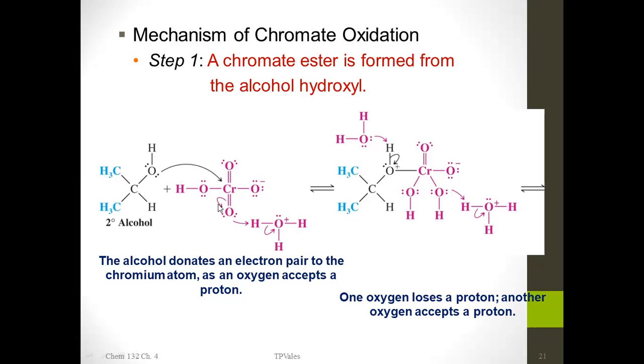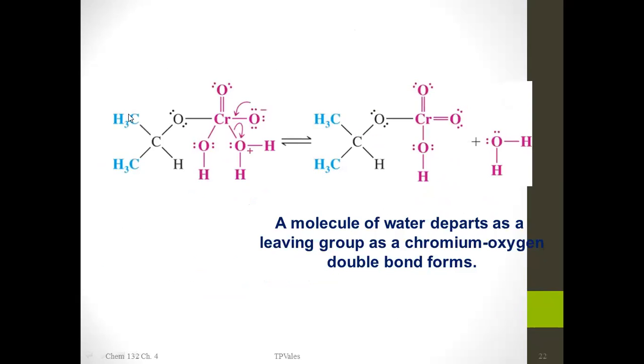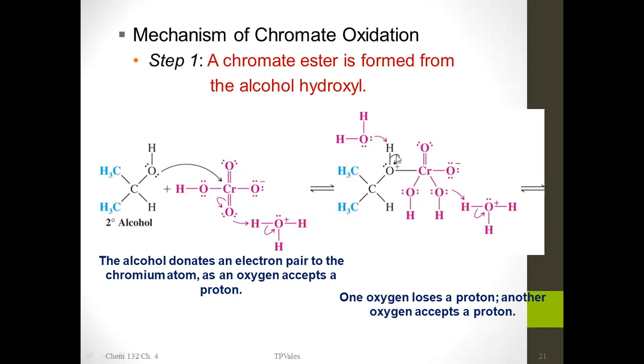Once it attacks, the other oxygen from the chromate becomes a negatively charged O with three unshared electron pairs, and it abstracts a hydrogen from the hydronium, giving you OH, with the Cr double bond O. Here, instead of hydrogen, you have OH. And then the protonated ester is deprotonated using water.